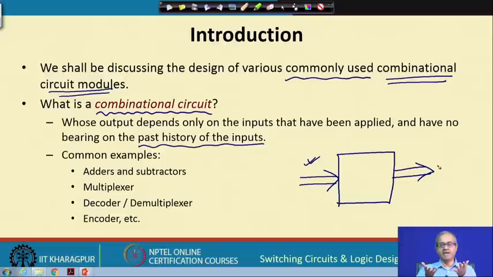So, you think of an adder, an addition. I apply two inputs to be added, I get the sum as the output. This is an example of a combinational circuit. Okay, we talked about a multiplexer. We have the inputs, we have the select lines, we select one of the inputs and that goes to the output. That is also a combinational circuit.